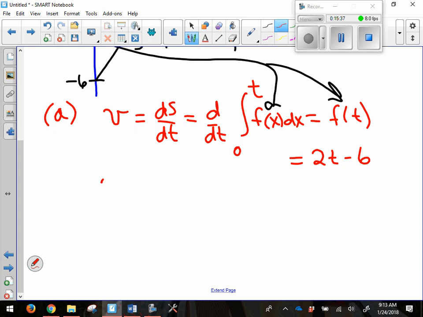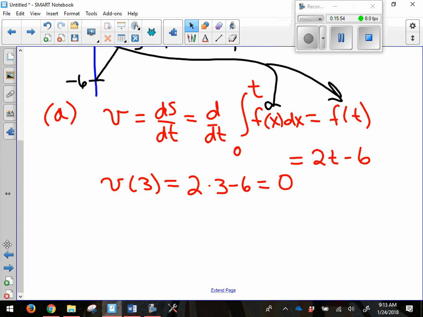And then because I want v of 3, I'm going to substitute in 3 every time I have a t, and what am I going to get? 0. Okay. You with me?